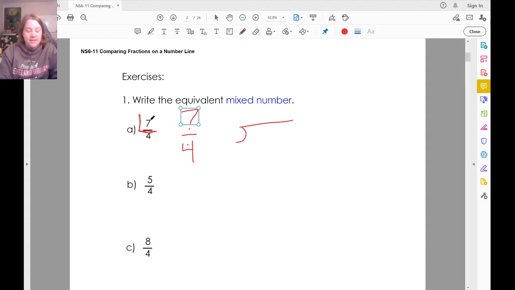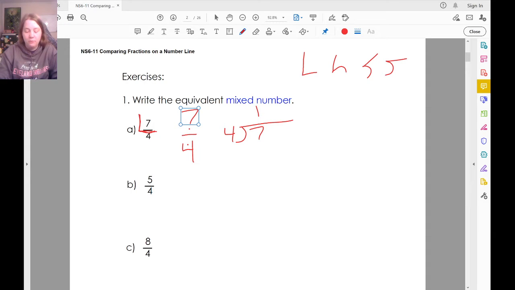The number that's inside the L is the number that goes inside the division sign, because as you can see, the L kind of looks like a division sign. It just kind of has to metamorphosize into that. So 7 divided by 4, 7 on the inside, 4 on the outside.